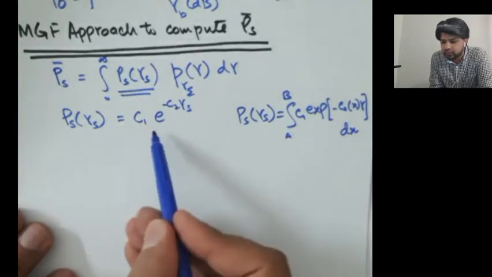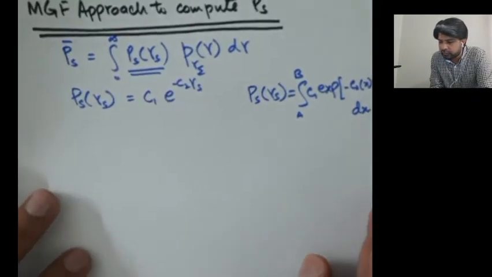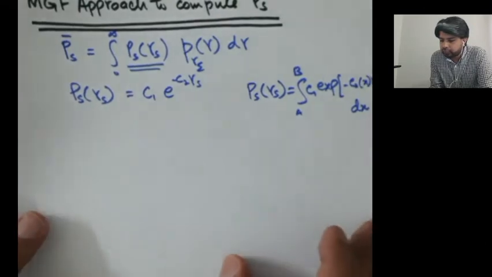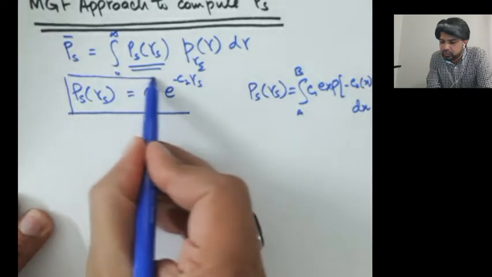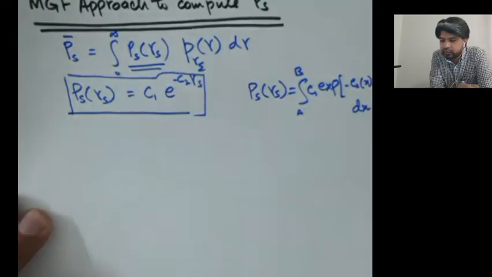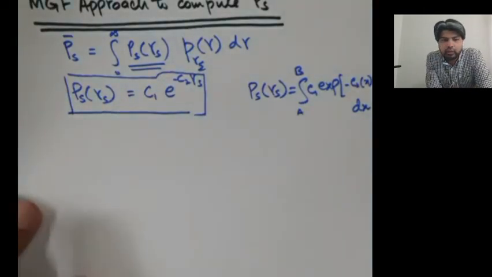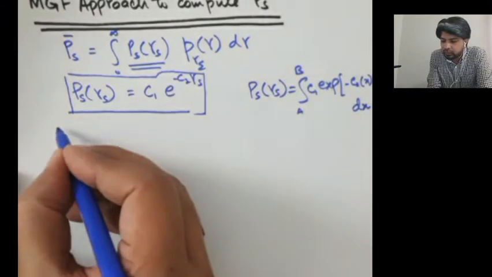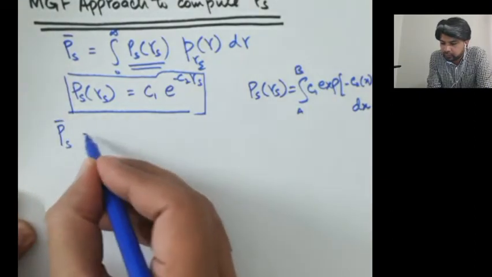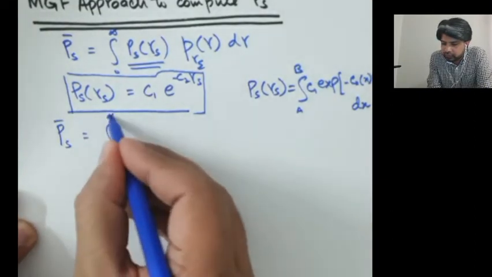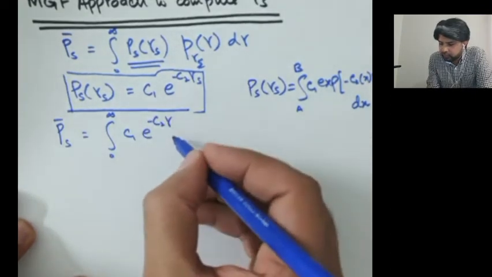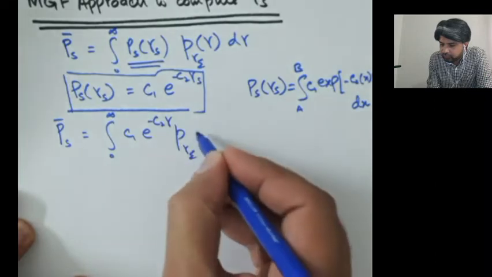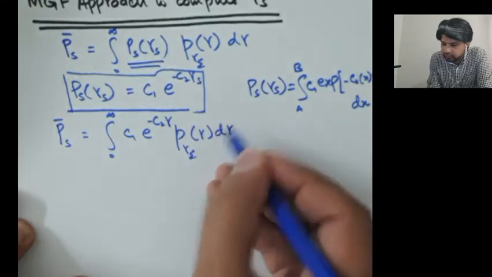So let's start with the simple one, because things would get complicated a little. Suppose our symbol error probability under AWGN is given by this expression, C1 e to the power minus C2 gamma_s. Now if this is your symbol error probability under AWGN, your average symbol error probability P_S bar is the integral from 0 to infinity of C1 e to the power minus C2 gamma times P_gamma_sigma of gamma d gamma.